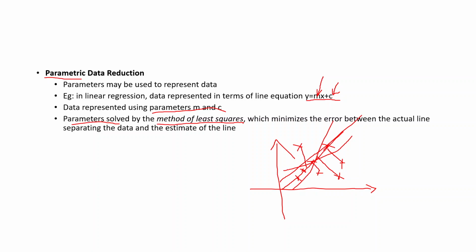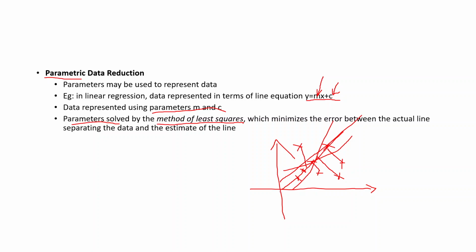So you find the distance of each of these points from the line, and you try to find the line which minimizes that, called the error or loss function. Error means the distance of each of these points from the estimated line, and that is being minimized.